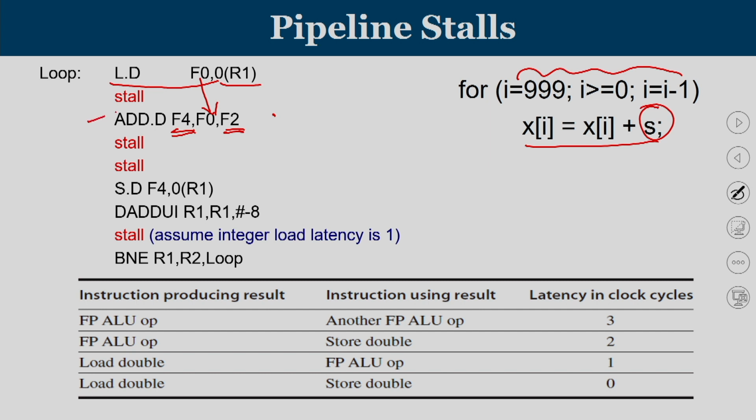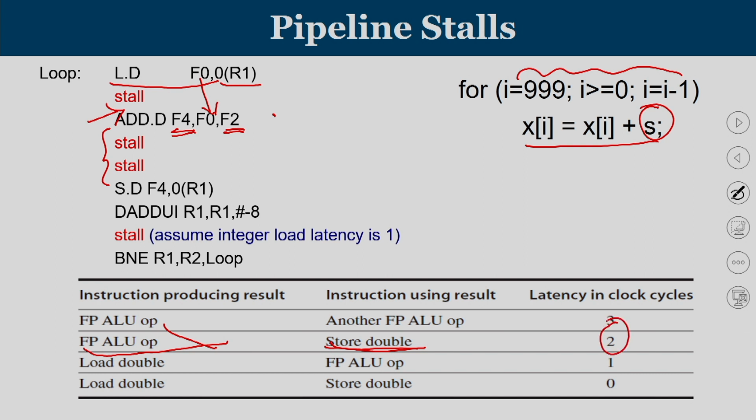Now, once I perform an add operation, it is a floating point add operation. You can see all the operands are floating point registers, F4, F0 and F2. There should be a minimum of 3 cycles stalled if you wanted to use that value. That is what you can see, that if a floating point operation is going to produce a result, and if the store operation wanted to use the result, there will be a minimum of 2 stalls.